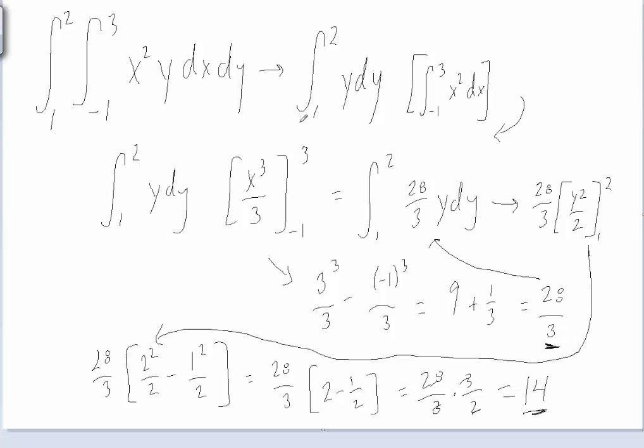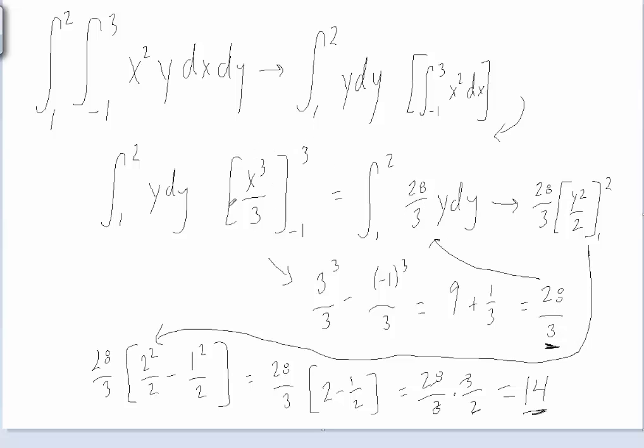So again, we start with the integral, which is based on x. That integral, x cubed over 3, evaluated from 3 to -1, which is the range for x, determined here by the integral. Evaluating that, we get 28/3.